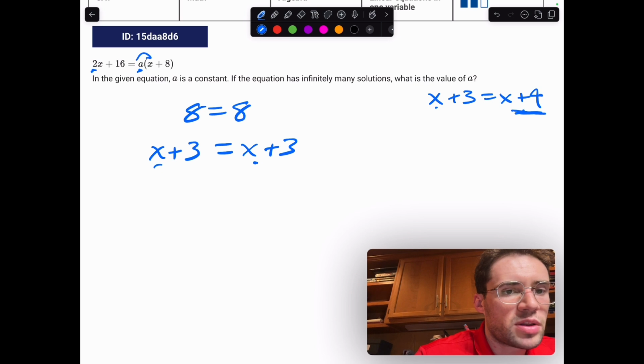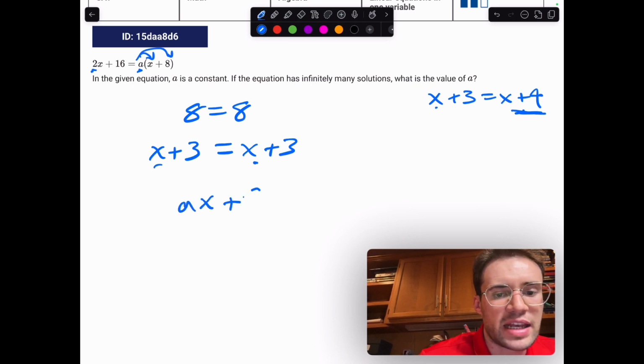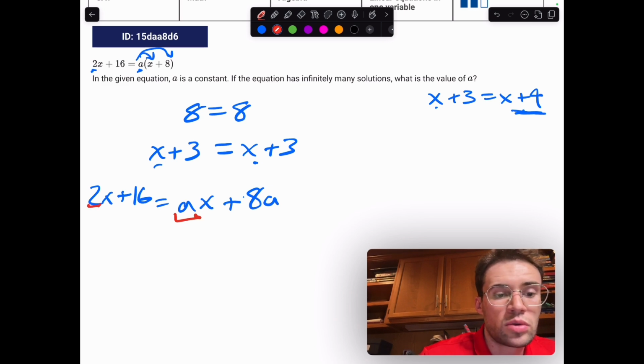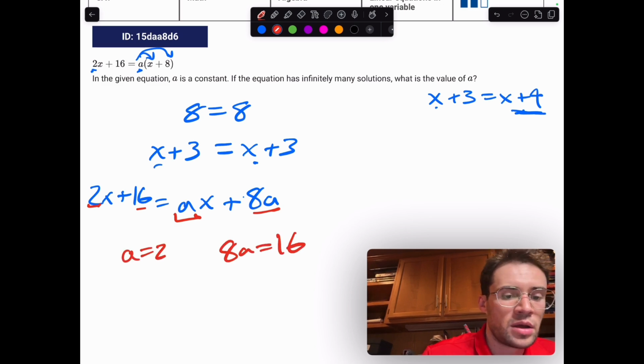When we distribute this a, we'll end up with ax plus 8a, and we want that to be equal to 2x plus 16. So a, the coefficient in front of x, should be the same as 2, and 8a should be equal to 16.